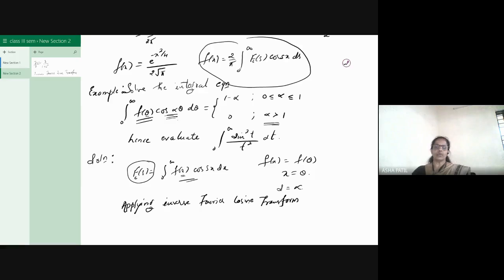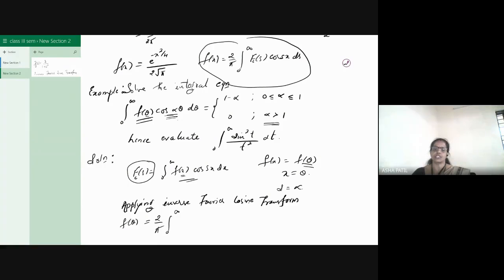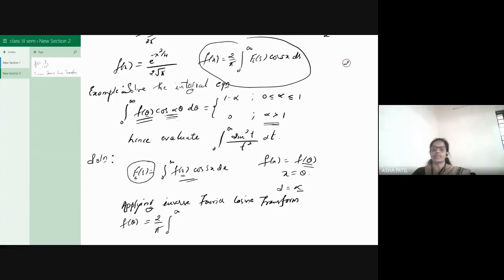Now what will you write in terms of the given variables? Here we have taken f of x as f of theta, right? We'll write f of theta equal to 2 by pi integration from 0 to infinity, instead of Fc of s, what you have to write? F of alpha.